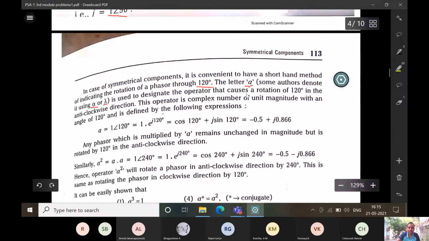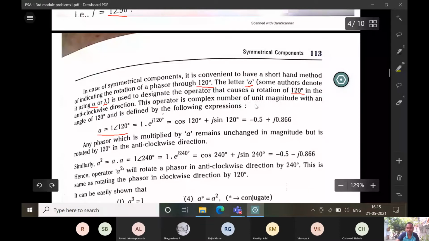So generally this is the A operator. So A is used to designate the operator that causes a rotation of 120 degrees. Okay, A means 1 at an angle 120 degrees in the anti-clockwise direction.